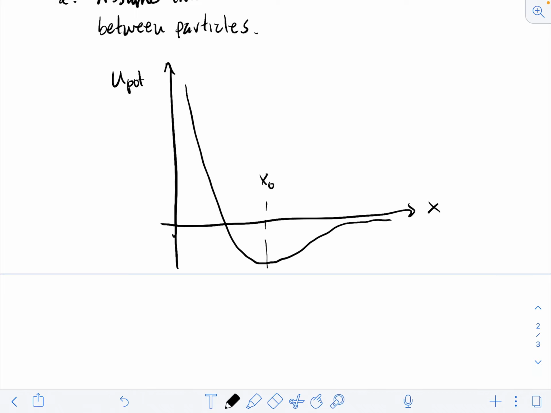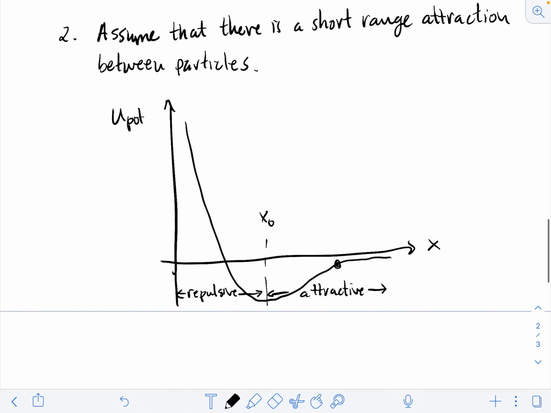X is the distance between particles, and we said this was the repulsive regime, where two particles get so close to each other that they repel each other, and this was the attractive regime. So we're going to assume that we're to the right of this x0, somewhere over here, where the density of particles has an average separation of x between particles that's greater than x0, and so there's some attraction between particles.